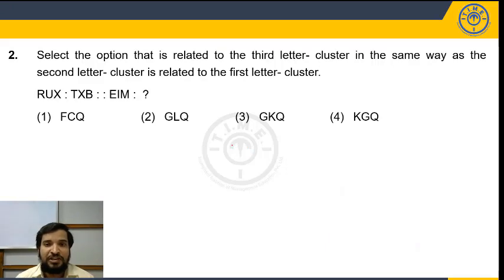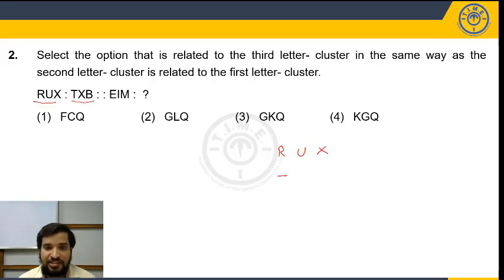Select the option that is related to the third letter cluster in the same way as the second letter cluster is related to the first letter cluster. So first we'll find the relationship between the first and second letter cluster. The first letter cluster is RUX.